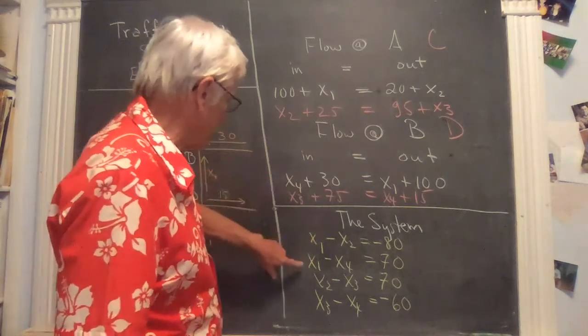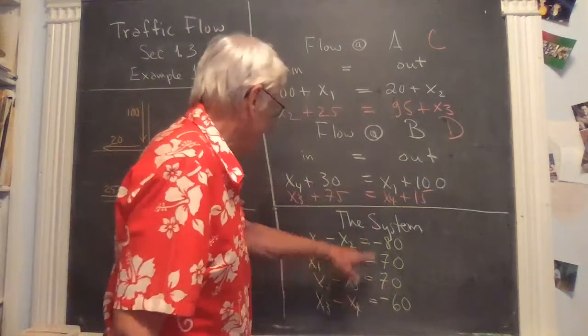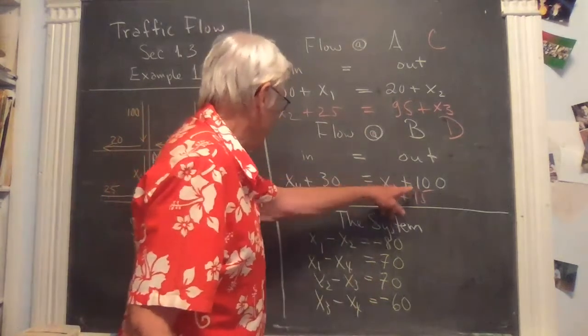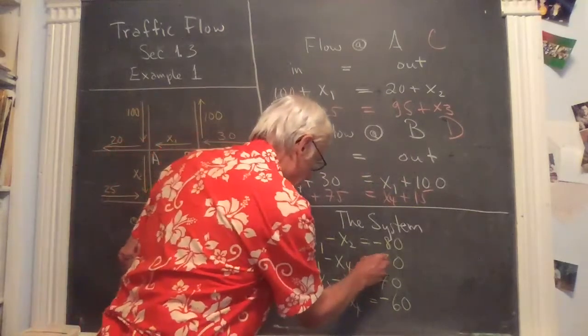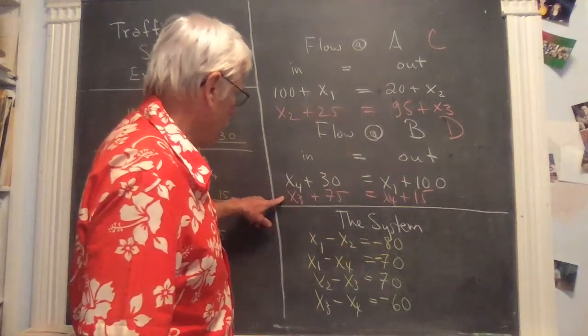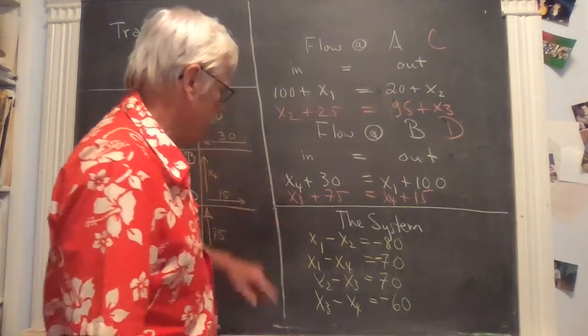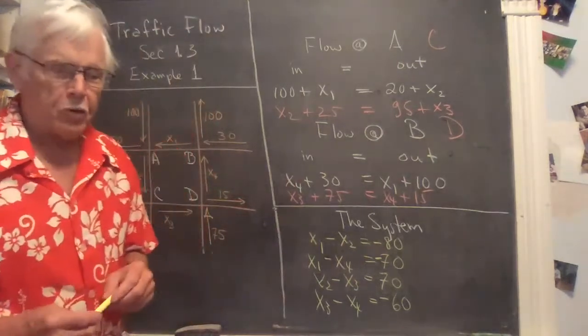Oh, I guess I did it the other way. X1 minus X4 should be minus 70. And X3 minus X4 should be minus 60. So these are correct. And on the sheet that I gave you, it's a Mathematica sheet.